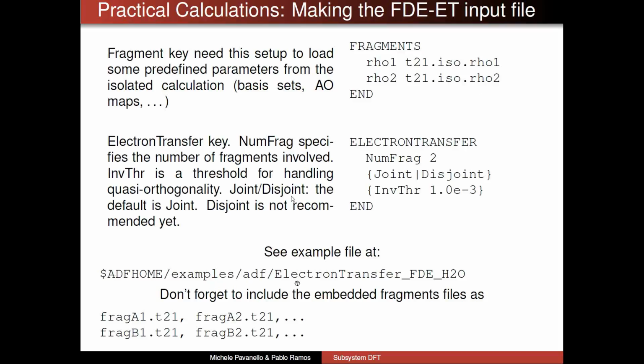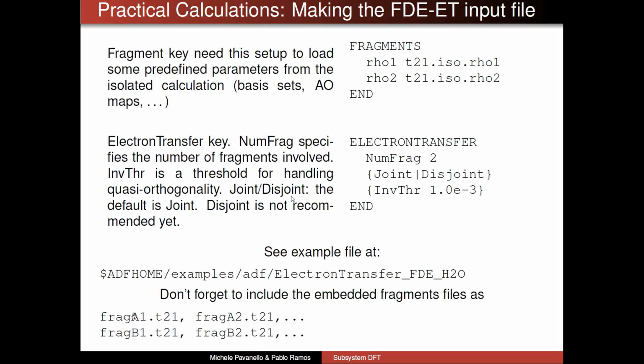Now, if you have a shell script, you can go to this path, ADF home examples, ADF electron transfer underscore FDE underscore H2O, and there is the example file for running this sort of calculation. What you should not forget to do, electron transfer doesn't say it explicitly, but it requires that in the folder where you run this electron transfer calculation, you have these fragment files, frag.a1.t21, frag.a2.t21.